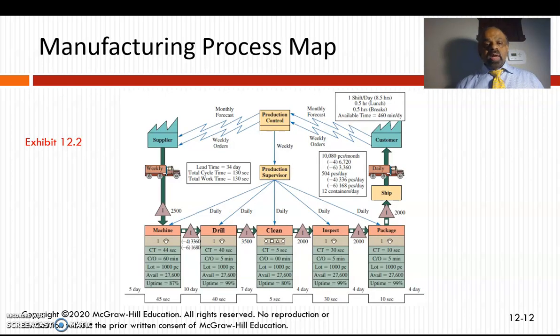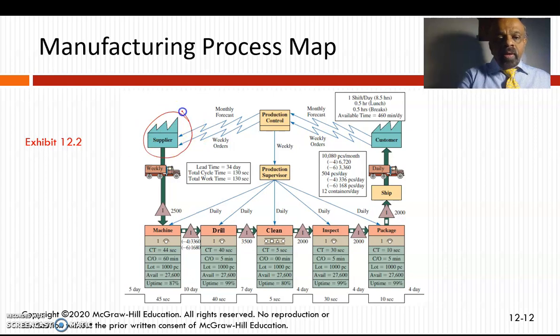So let's take a look at the manufacturing process map. If you go to a company that does manufacturing, you would often find something like this because they would like to show the processes that are involved. What we have here is the supplier, the customer, and production control.